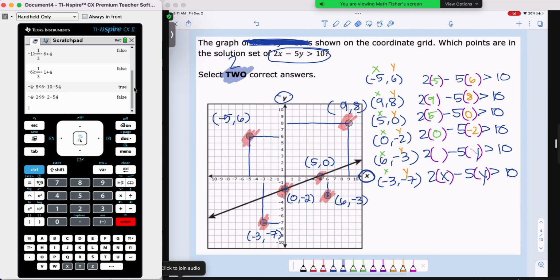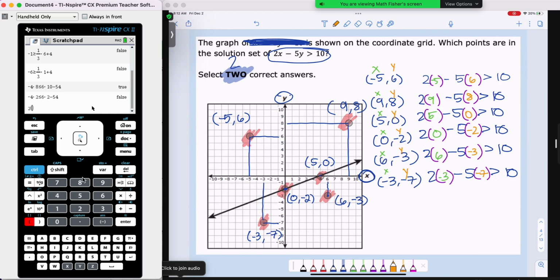Then I have 6, negative 3. Then I have negative 3, negative 7. And then I'm going to do true and false for each one of them.